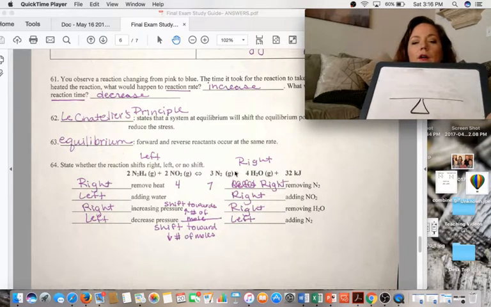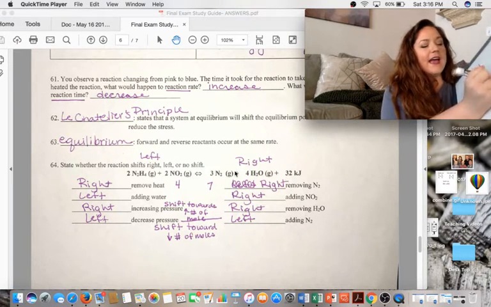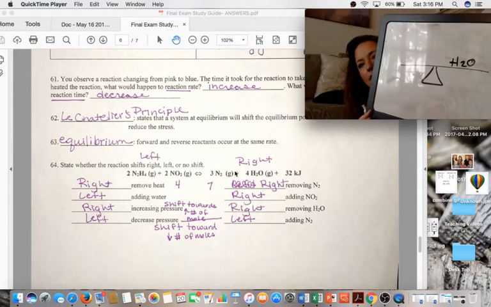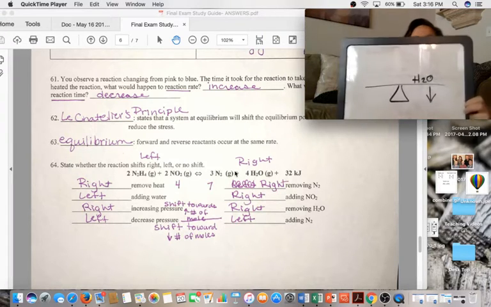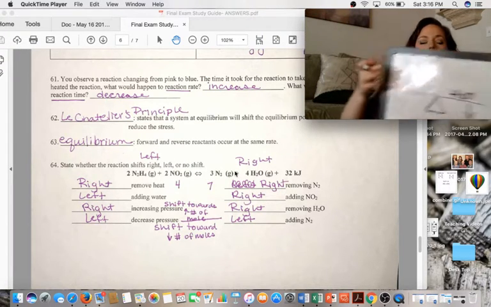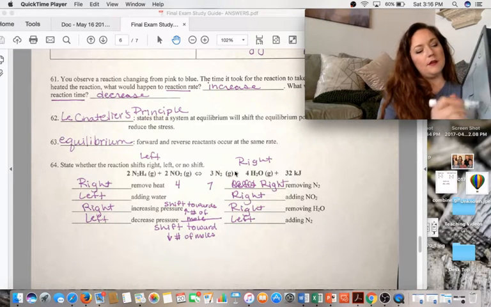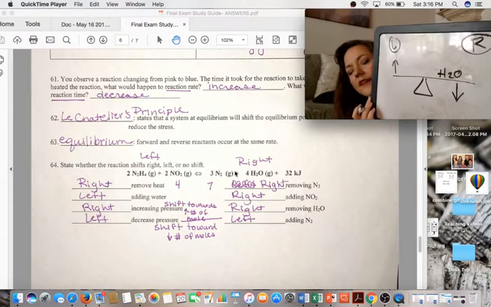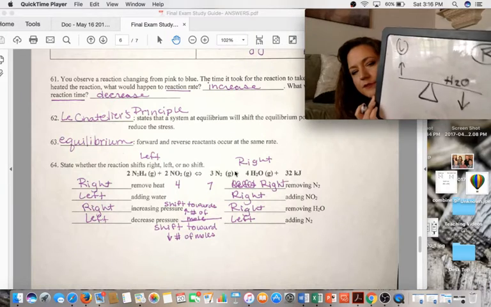We added water, which was on this side. So if I added another water to an already even seesaw, that means this side goes down, causing this to go up, which this is the left and right side. So because the left side is up, it's going to be a left shift.